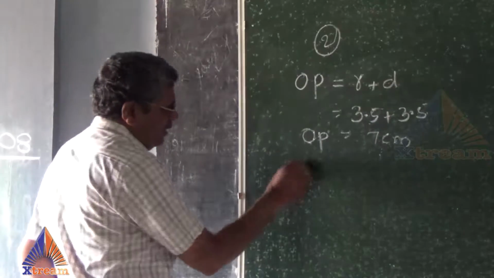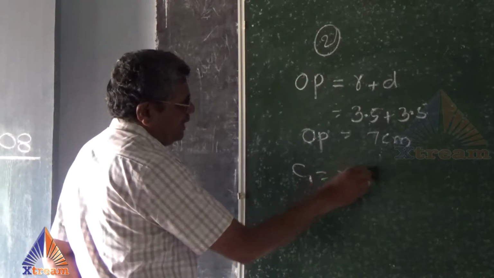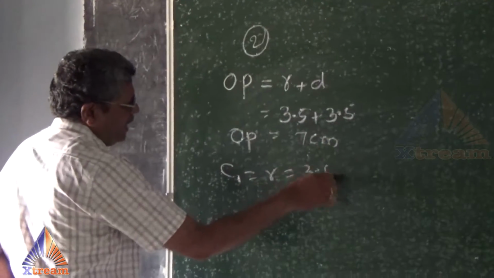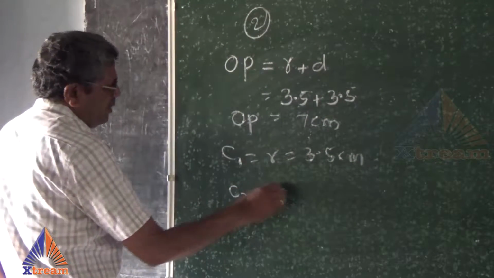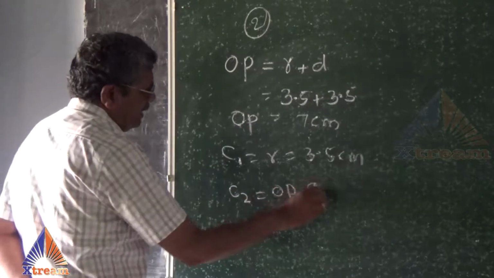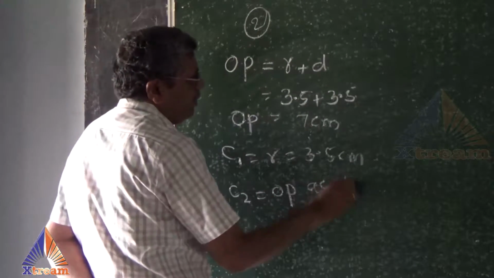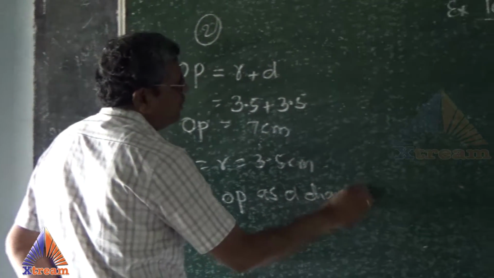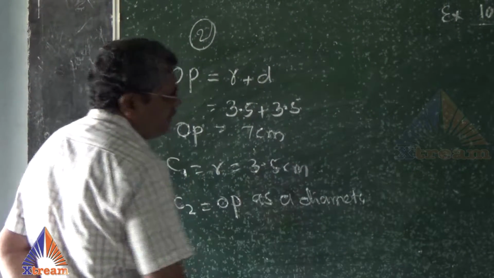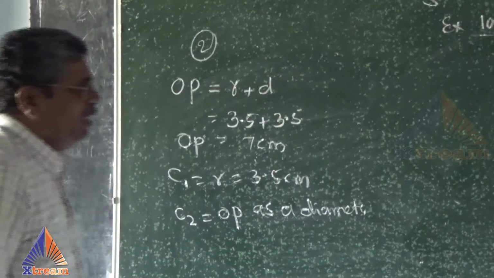Next, C1 is the circle of radius 3.5 centimeter. Then C2 is, as per the procedure, the circle with OP as a diameter. So all of you know them.